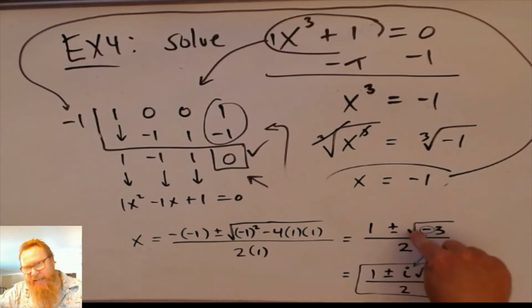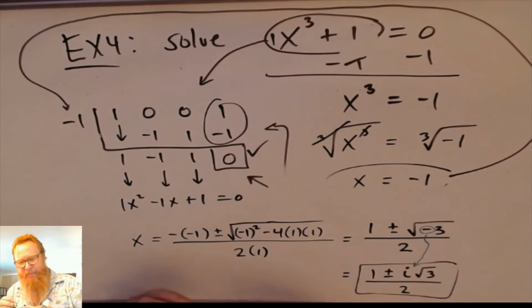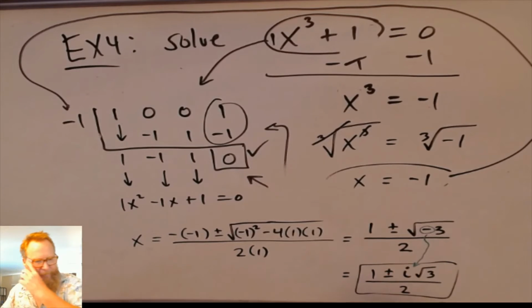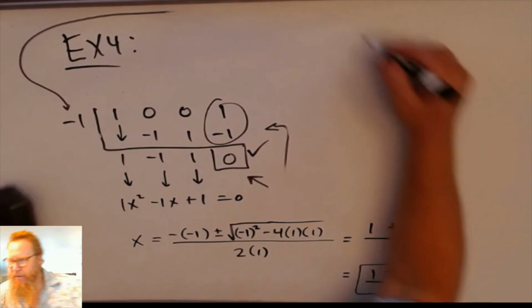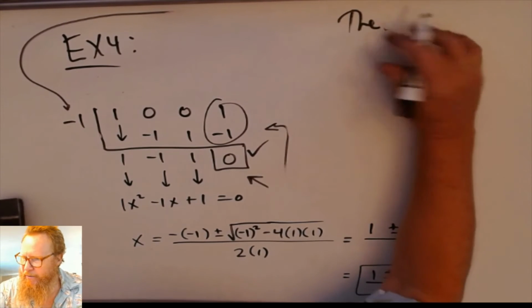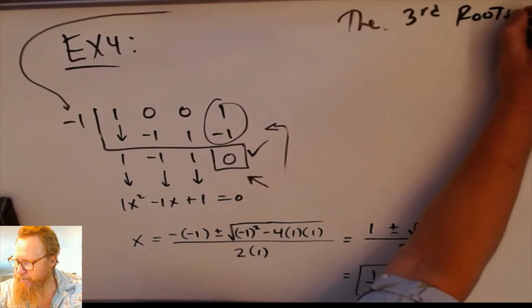Now this is a square root, as opposed to this being a cube root. And so these are sometimes called the third roots of unity.